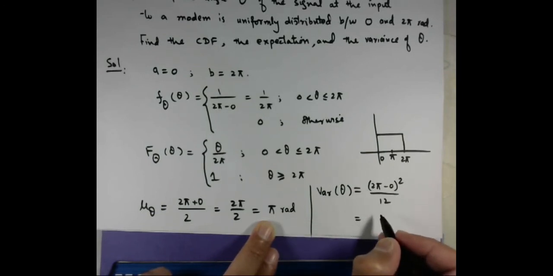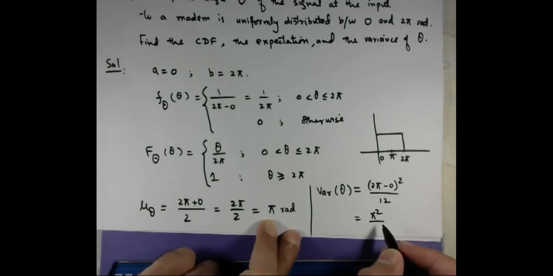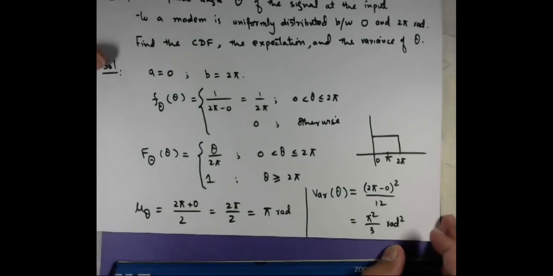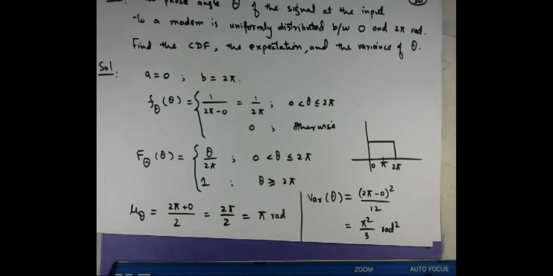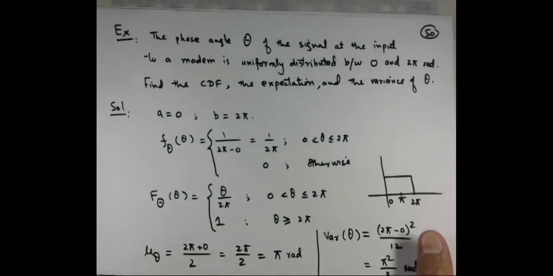So it is basically pi square by 3, but in terms of radian square. You see how we can solve simple examples with reference to the continuous uniform distributions.